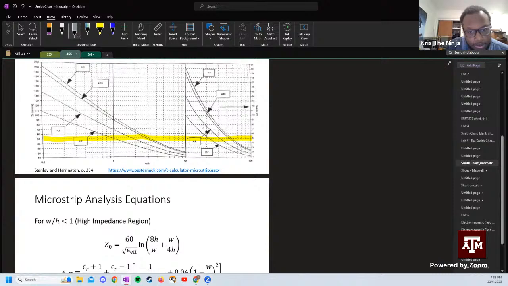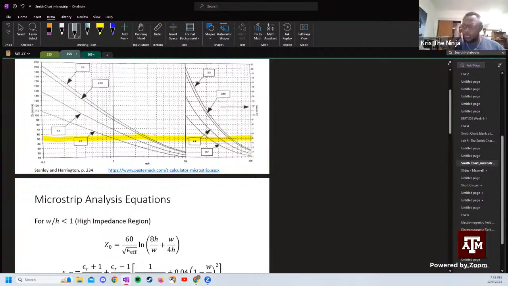I'm just trying to make sure I grab the right chart. What were we using as our H value? Our new H. Is it 2 millimeters?